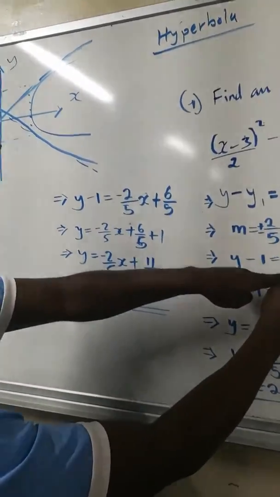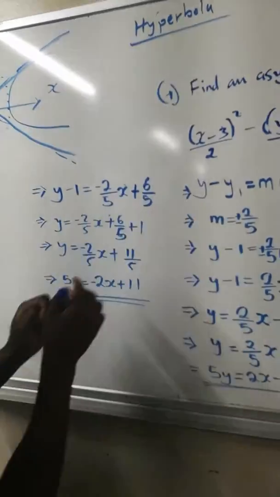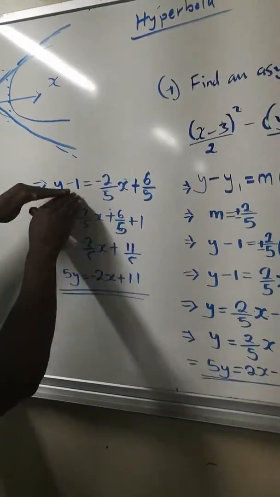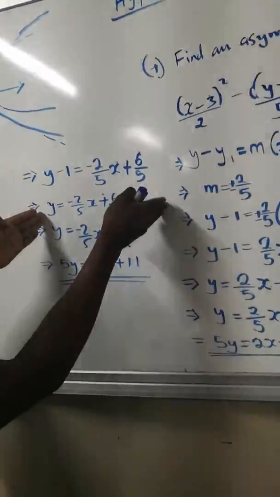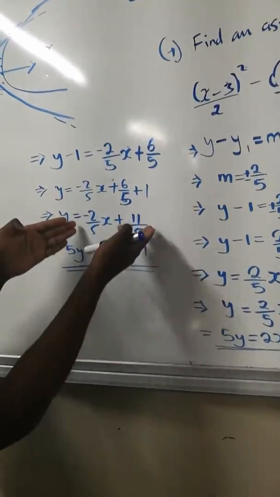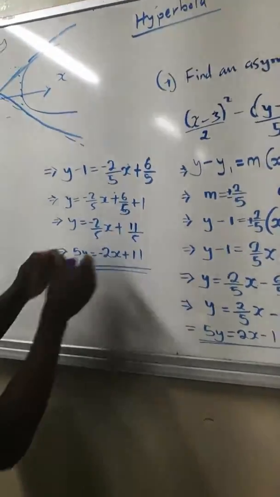Then we multiply it by 3, and it gives us +6/5. We just remain with y here. The 1 crosses the equal sign and changes sign, so it will be positive. Then we do our calculations, and this value gives us 11/5.